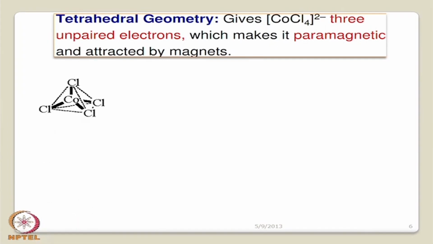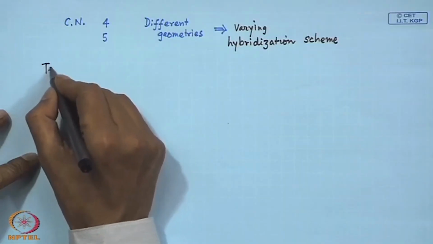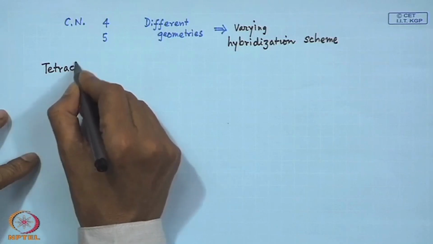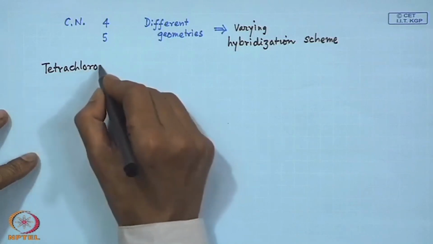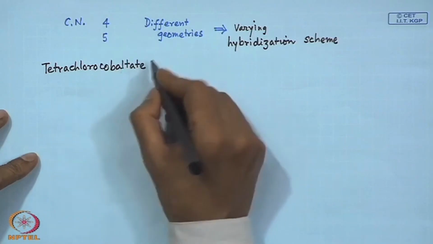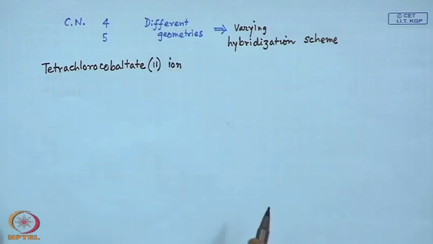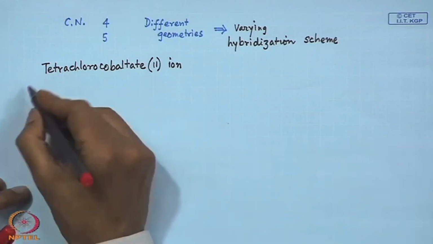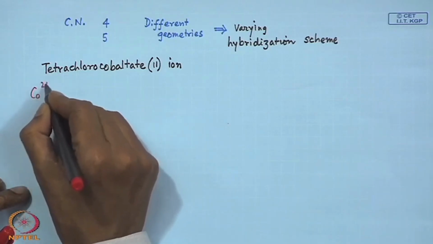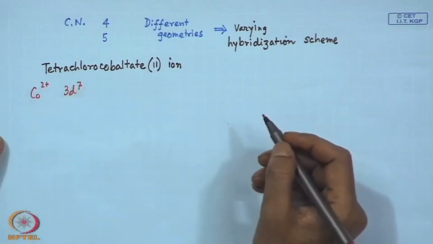So this is the corresponding shape of the tetrachlorocobaltate anion. So if we have the tetrachlorocobaltate 2- ion, the oxidation state is 2, and since it is cobalt 2+, it has the corresponding electronic configuration 3d7.